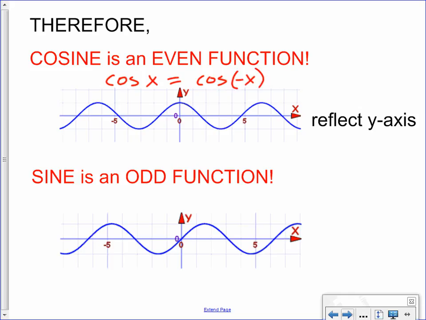It gave you the same picture. Since sine is odd, the sine of negative x is just the negative sine of x. That is an identity, and you'll be using them to solve trig equations.